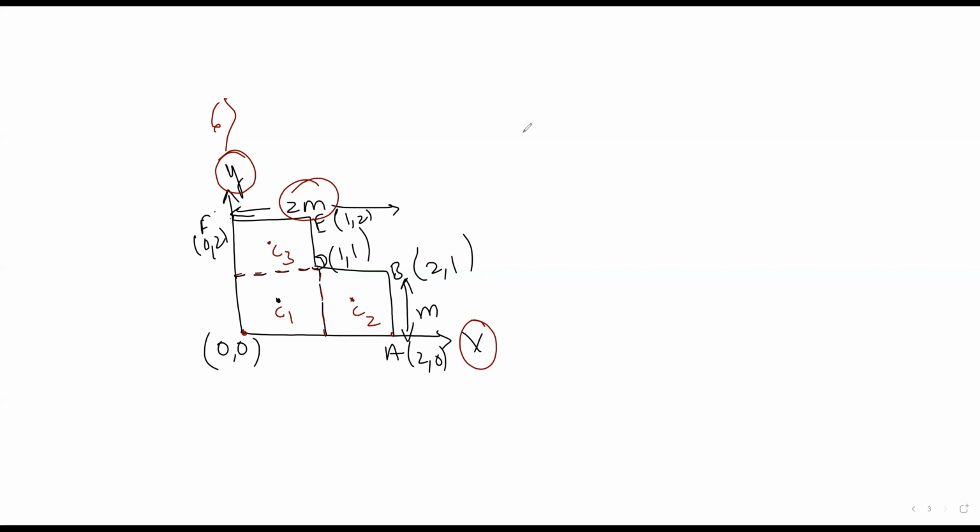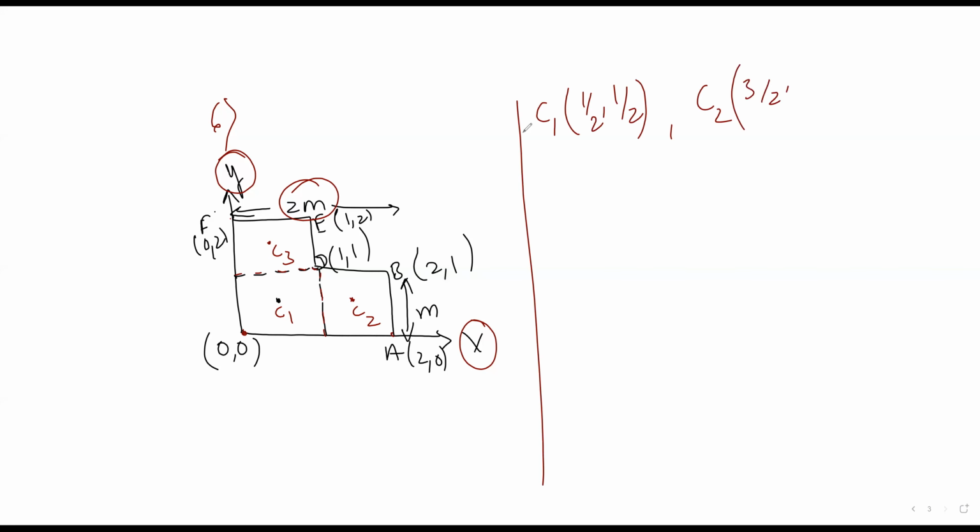C1 coordinates are half comma half, C2 coordinates are 3/2 comma 1/2, and C3 is the third center point, with coordinates 1/2 and 3/2 respectively. So by using these coordinate points, next we are going to solve for the center of mass of the L-shaped lamina.